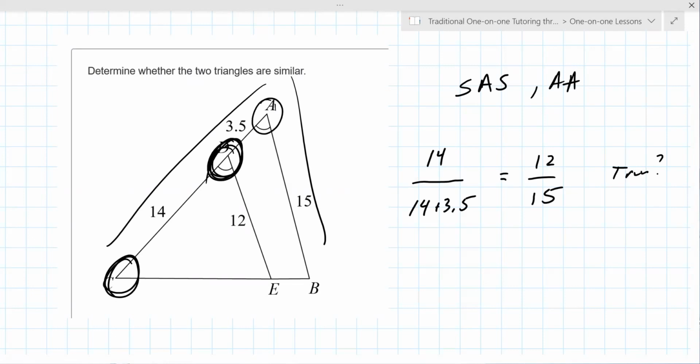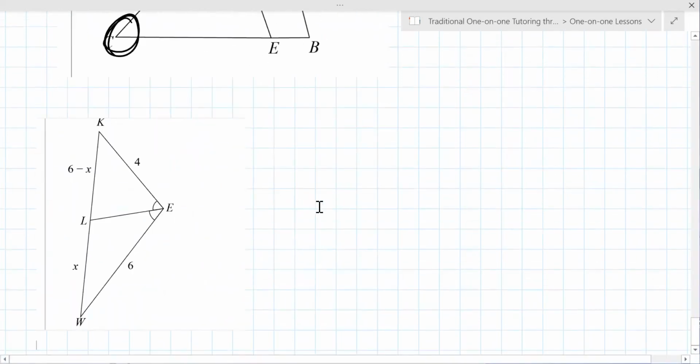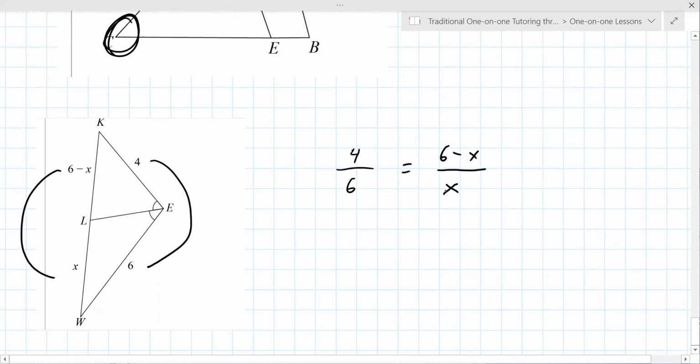All right. So this next one, okay, so we've got to set up proportions here. It's going to be 4 over 6. These two go together, and then these two go together, equals 6 minus x over x.